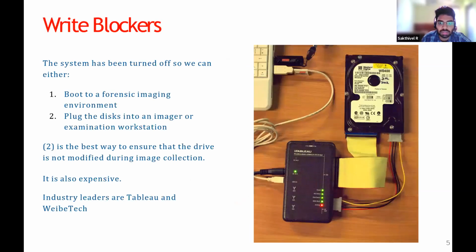So the next thing that we are going to see is about the write blockers. For example, most of the digital evidence that we acquire will have a storage. It may be a laptop or a mobile or a tablet.